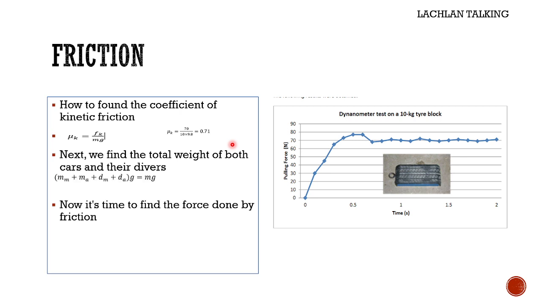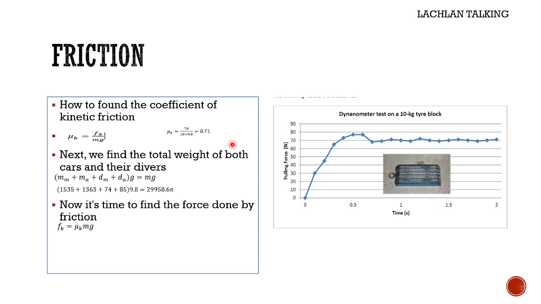Next, we need to find the total weight of both the cars and their drivers. We just add up the mass of the Mitsubishi plus the driver of the Mitsubishi plus the mass of the Audi times the gravity. That will give us the total weight of the vehicles of 29,958.6 newtons. Now we need to find the kinetic friction of the drivers and their vehicles.